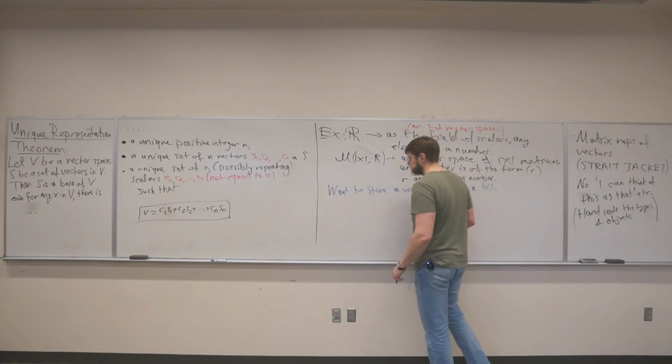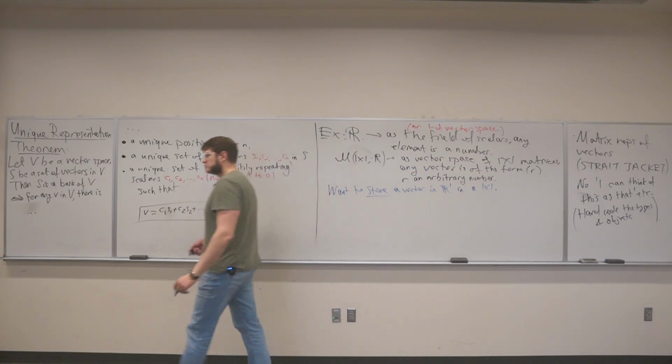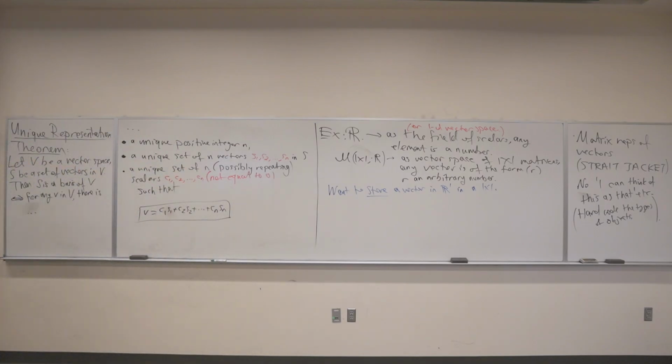This is what I want to do. The standard way we did it was by saying, take the number 2, let's say, and put it into the 1 by 1, open paren, 2, close paren. But this, in a sense, depends on the choice of the basis.